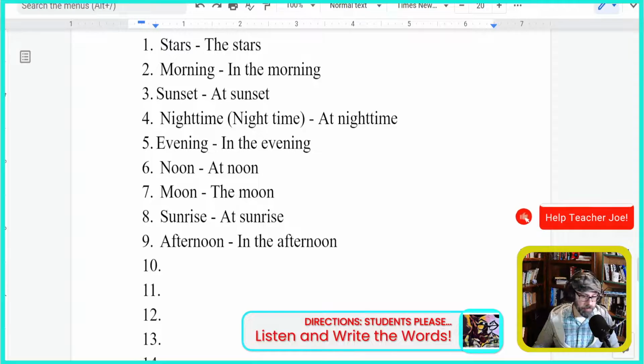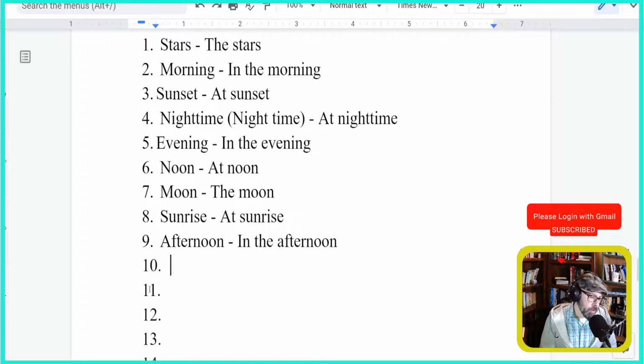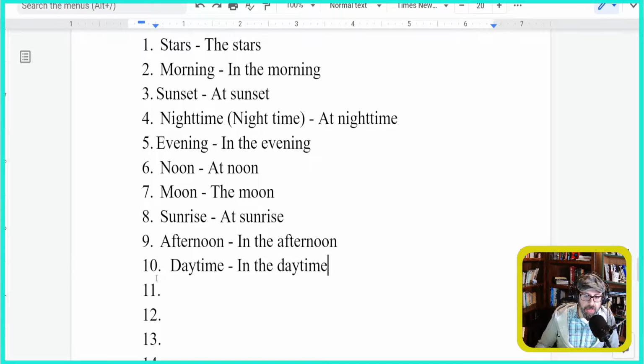In the daytime. Okay, let's go to the sheet for that one. Okay, 10. Correct word 10. Daytime. Okay, and the extra vocabulary, the extra words with daytime. In the daytime. Okay, in the daytime.